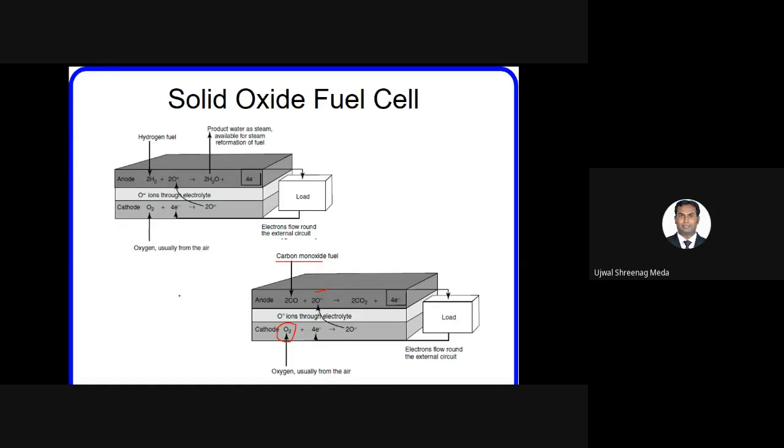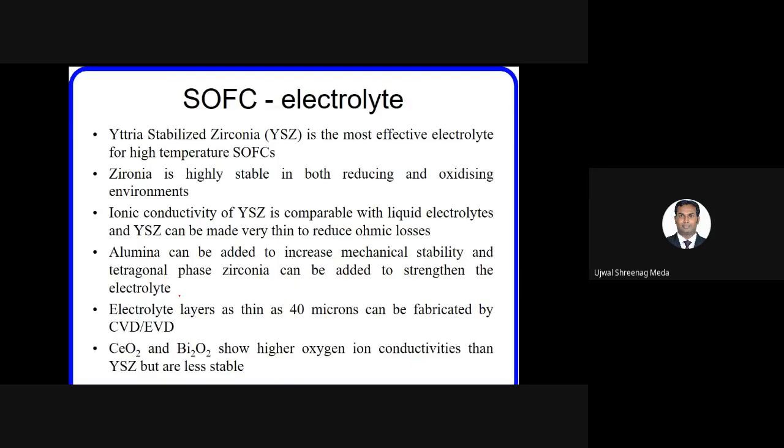This is about the reactions. To proceed further, a little more information about the electrolyte. YSZ, yttria-stabilized zirconia, in some places mentioned as YZR as well, is the most common electrolyte.